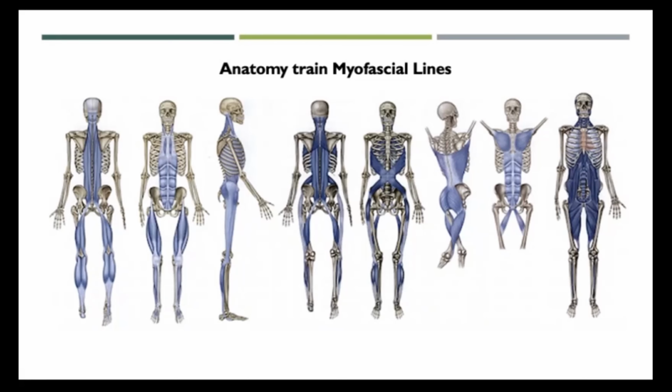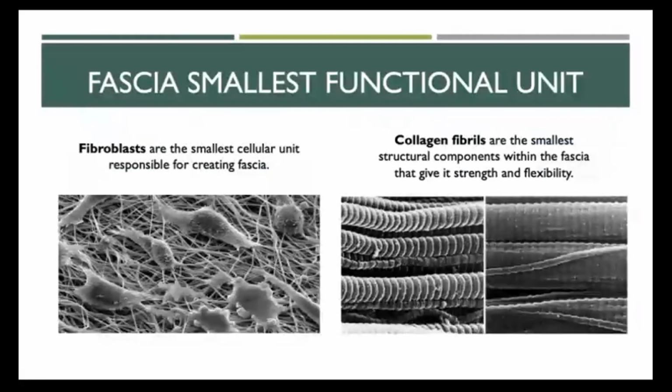And what we find is that muscles continue and connect to each other through fascia, as has been described to you already. So on the most fundamental level unit, we have these fibroblasts, which depend upon the stress and the strain, how they determine how they develop.